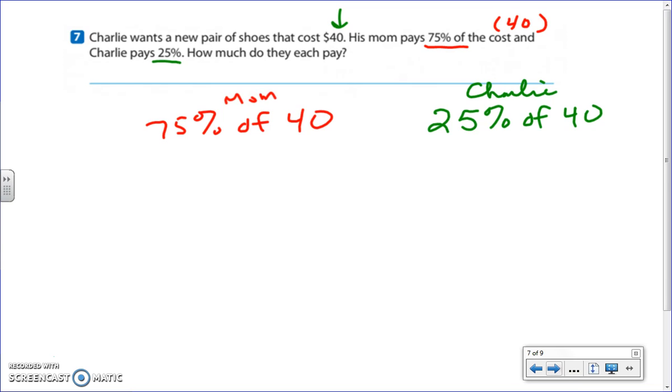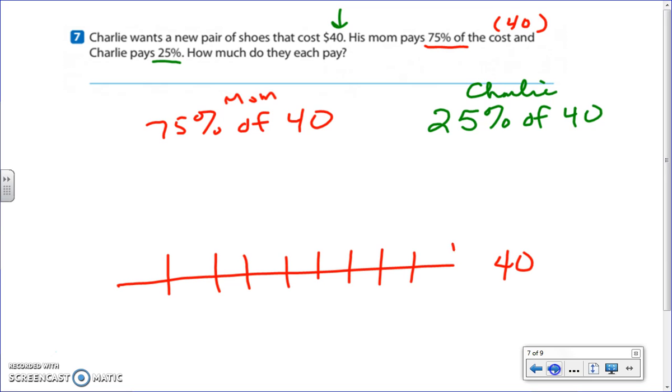Okay. When I decide to figure out what number is actually represented here by 75% of 40, I could make a big chart. 40 on the end with 10 divisions. And then each of them represent 10%. So 4, 8, 12, 16, 20, 24, 28, 32, 36, and 100% will be 40.